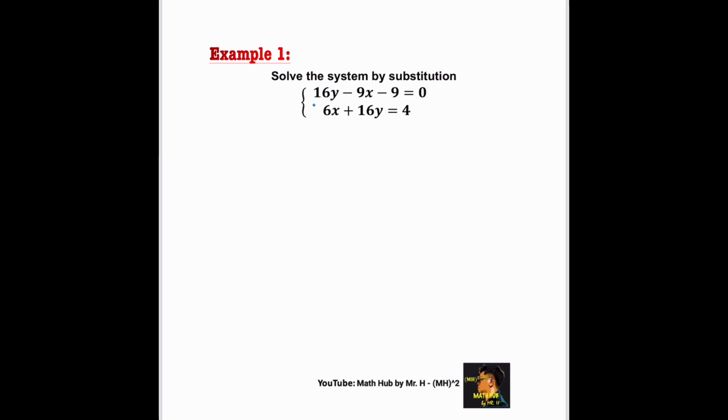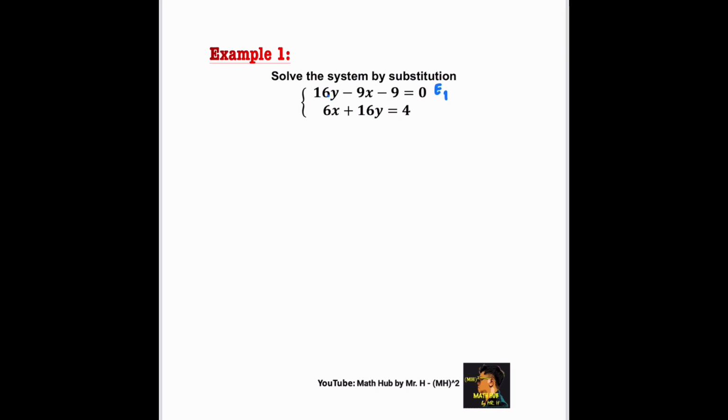All right, so this system gave us two equations. The first equation is 16y minus 9x minus 9 equals 0, written in general form. And the second one is 6x plus 16y equals 4. First of all, you need to look closely at each equation, because maybe we can reduce the equation to make the numbers smaller. We can label the first one equation 1.